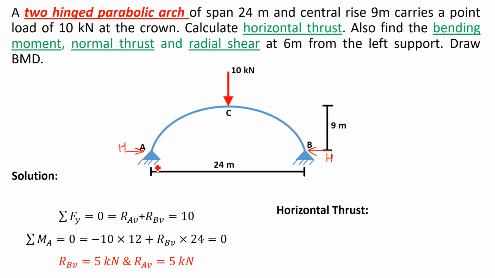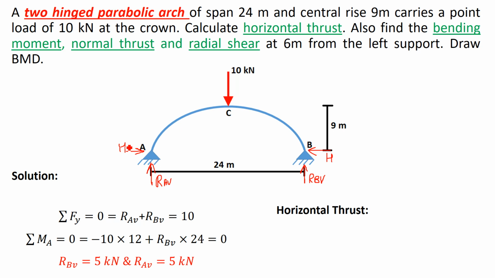Let us assume vertical reaction at A as RAV, and vertical reaction at B as RBV. We have to calculate vertical reactions at supports by using the basic principles of engineering mechanics, and then the horizontal reaction is nothing but horizontal thrust.